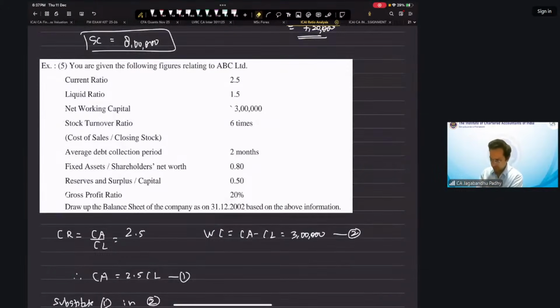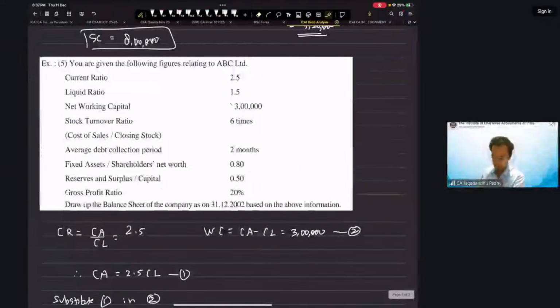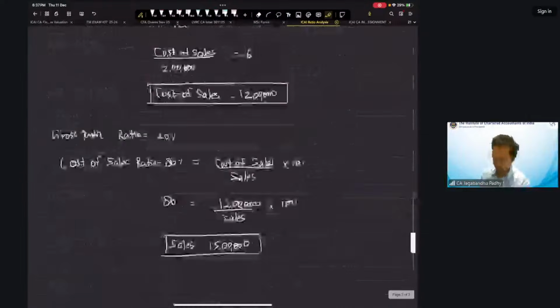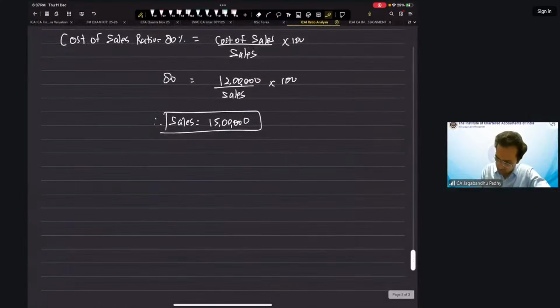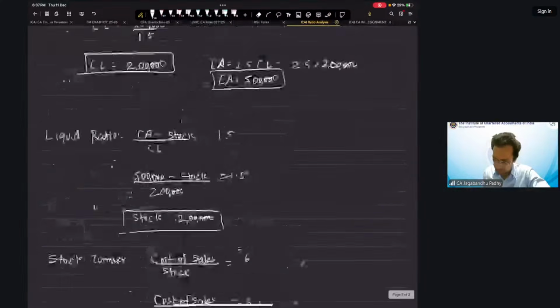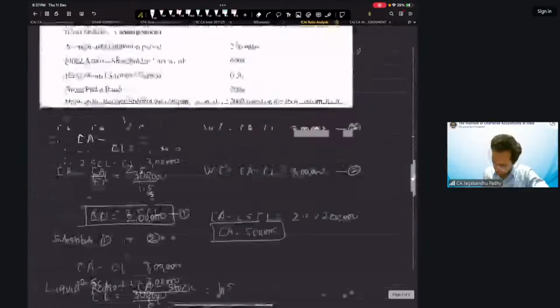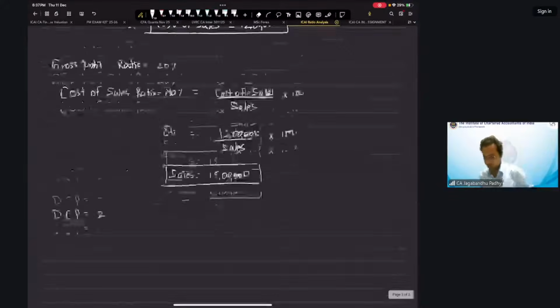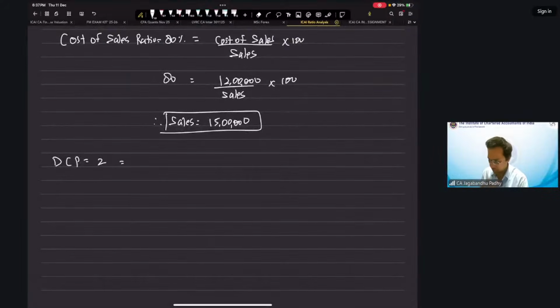Then from sales, we are going to get the value of debtors, which is representing the average debt collection period. So the debtors collection period is given to us to be 2 months. We arrive at this by taking debtors upon credit sales into 12.